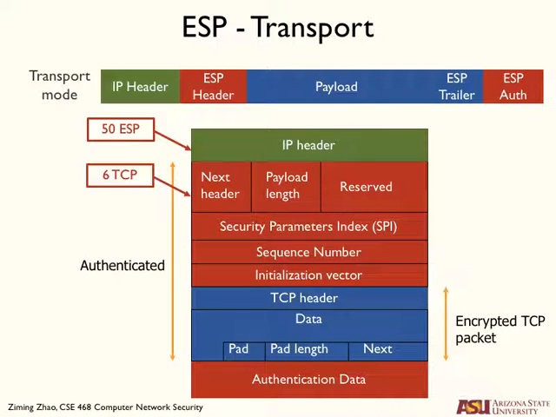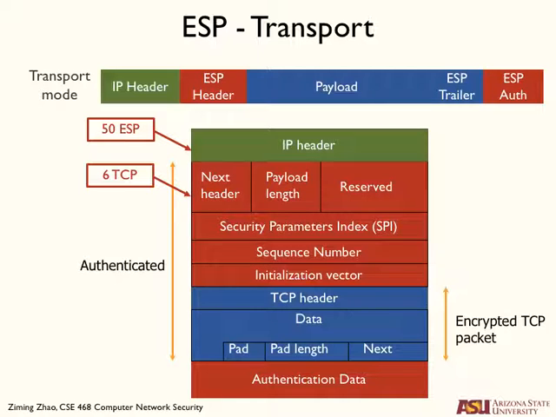So this is an ESP packet in transport mode. So previously, we were adding the authentication header between the IP header and the IP payload. Now we are adding the ESP header instead of the AH header. However, because we are doing encryption, one problem we had in encryption is if we are using symmetric key crypto, we are encrypting each block individually sometimes.